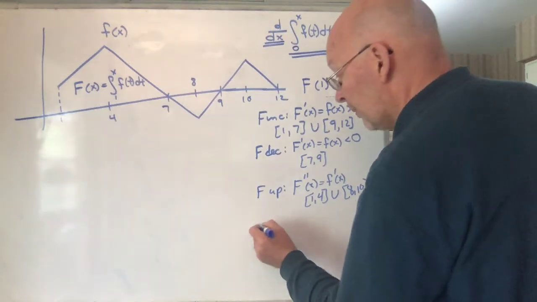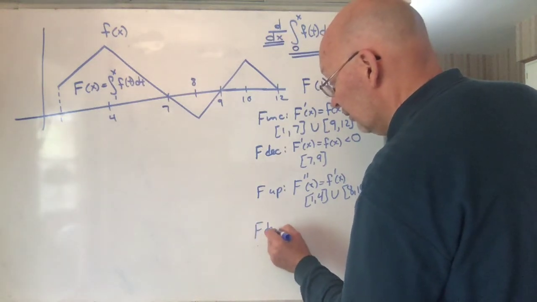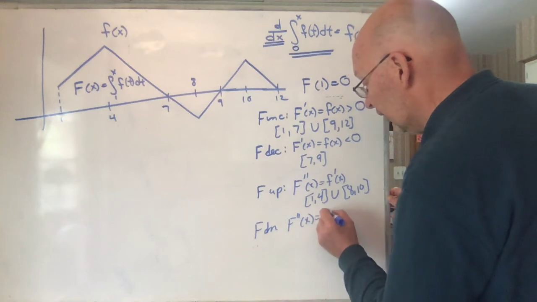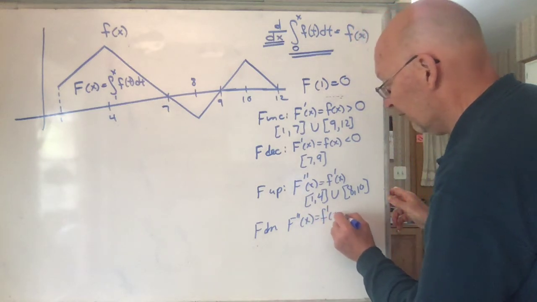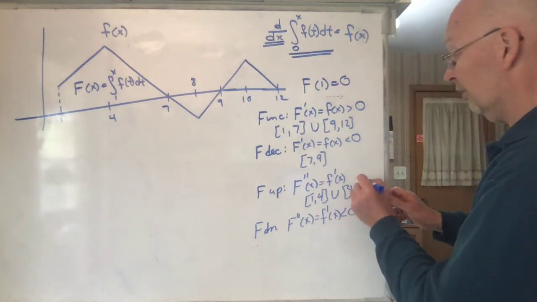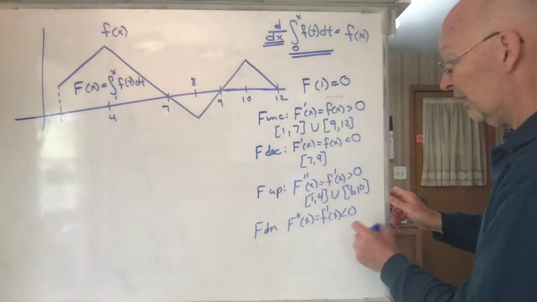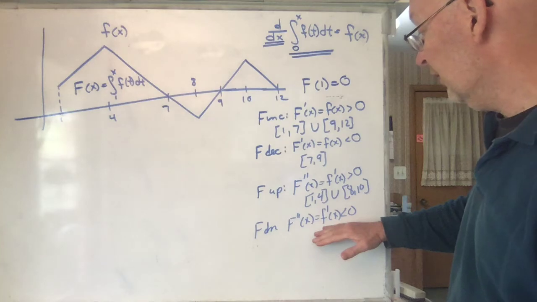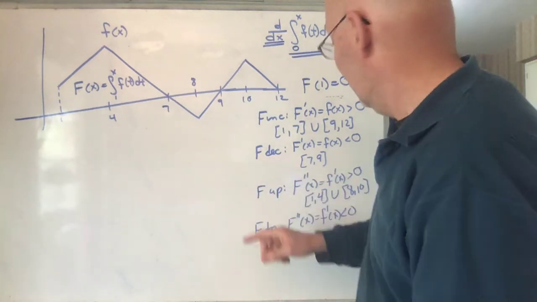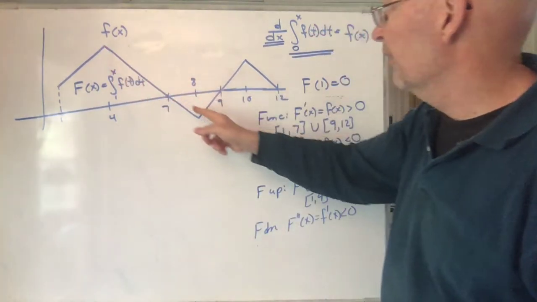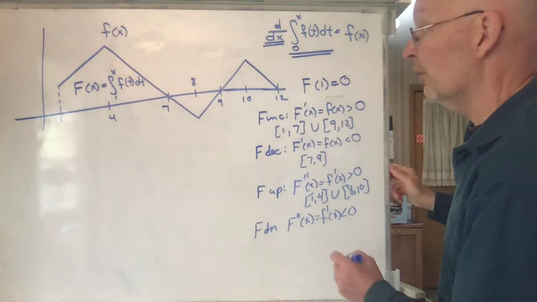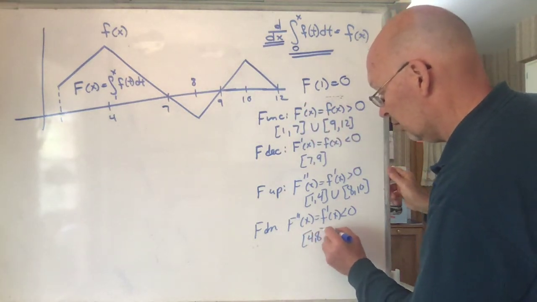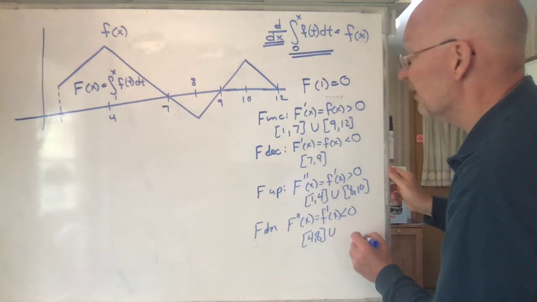And finally, where is F concave down? It's where the second derivative, which is equal to the first derivative of small f, is less than 0. This is where it's greater than 0. And that's going to be where? Where is the first derivative of small f negative? It's negative here and here. So from 4 to 8, together with 10 to 12.